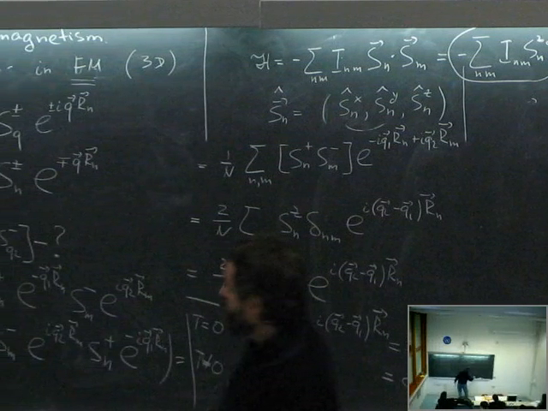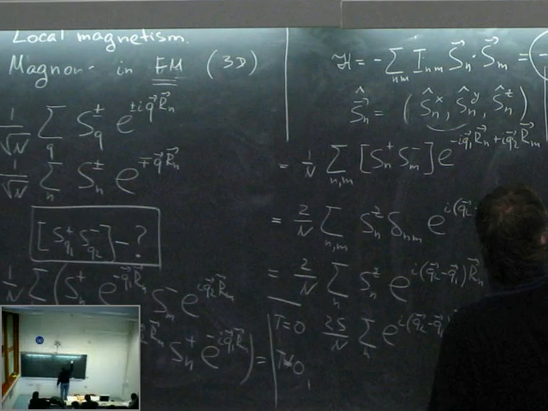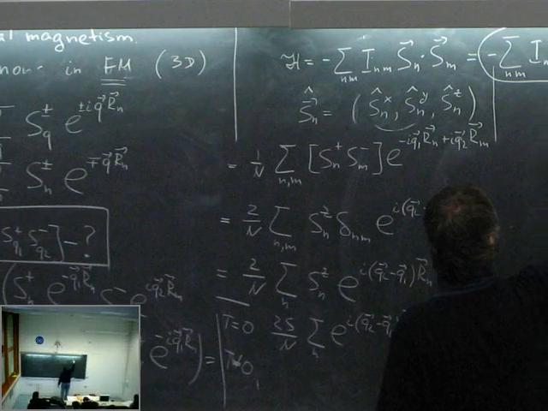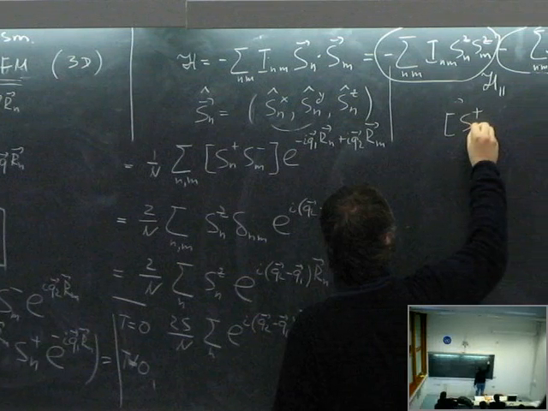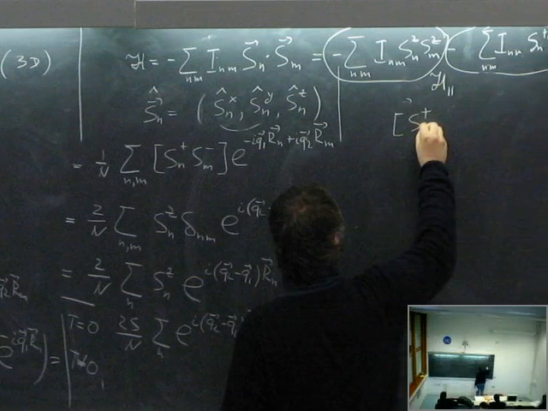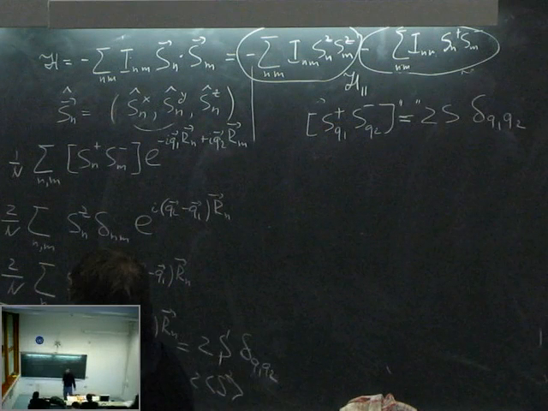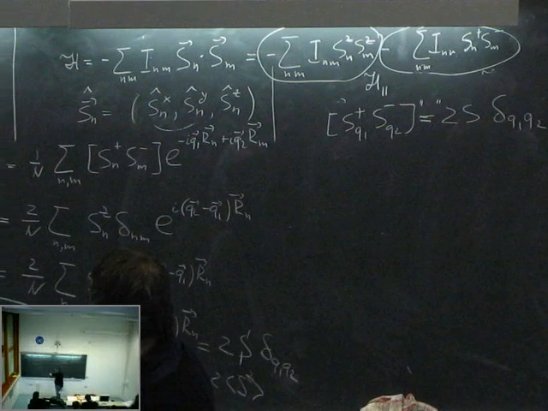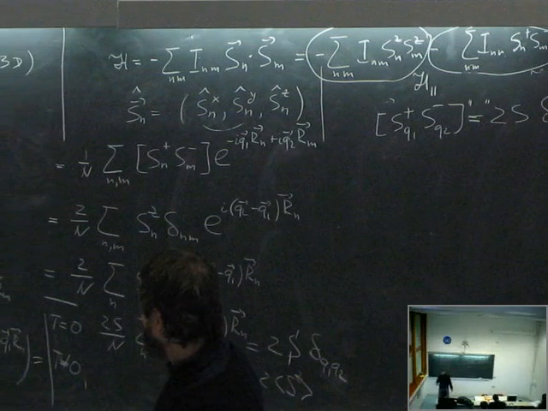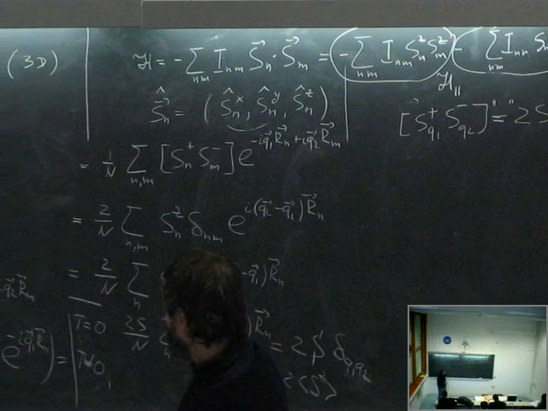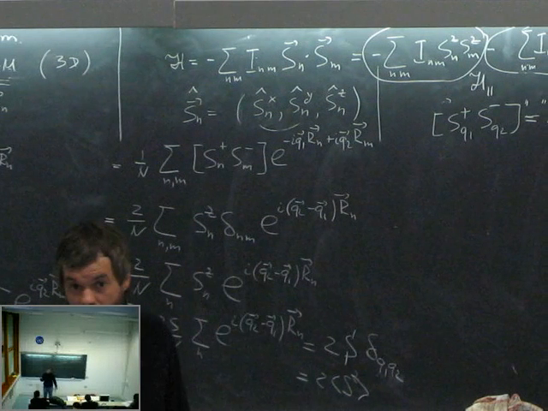What I obtain is S_q1 plus, S_q2 minus is equal to S delta_q1,q2. Of course, the equality is an approximation related to the assumption of low temperature, where the system is in a state close to full magnetization. But what we see now is that the commutator of these two operators is a number.